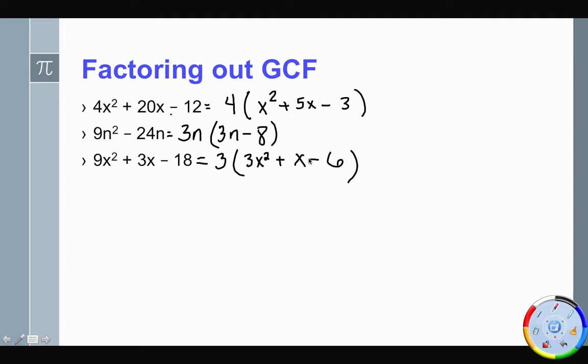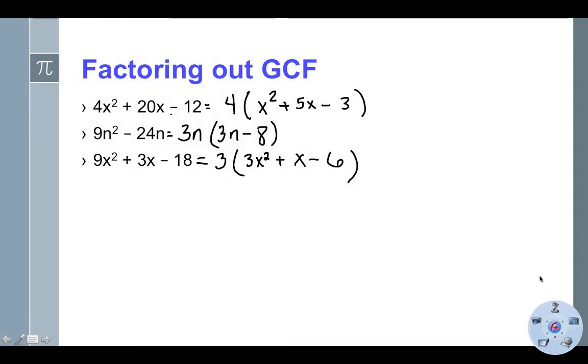Now, we're not doing the unfoil part yet on these particular problems. We're just trying to see if we can simplify a problem by factoring out a constant or a constant and a variable, depending on the problem.